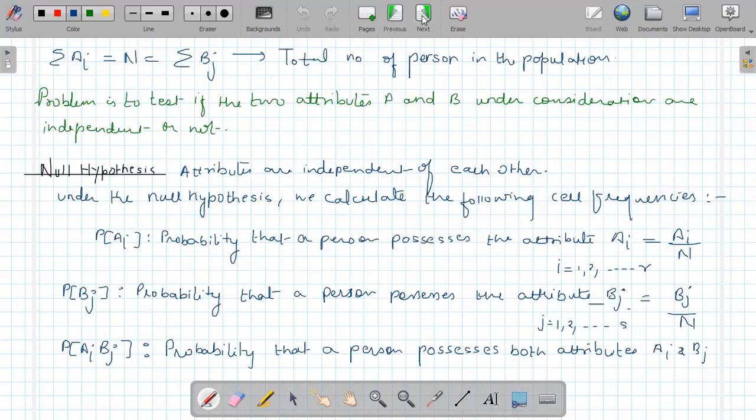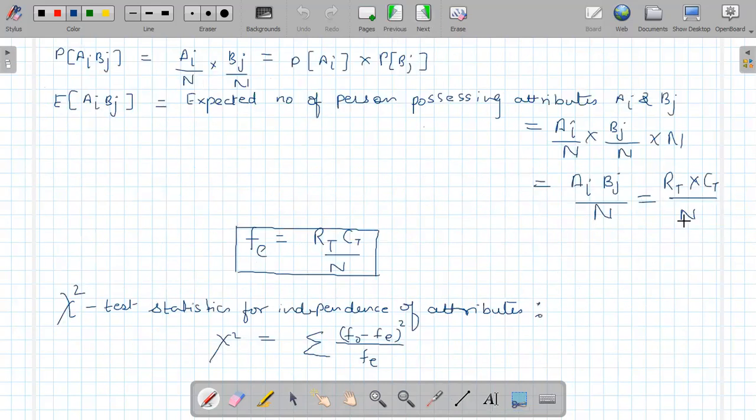So here we have written row total into column total divided by N.